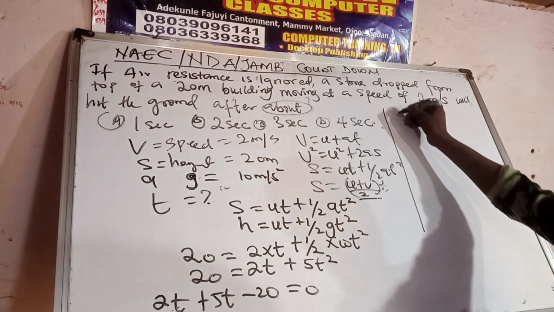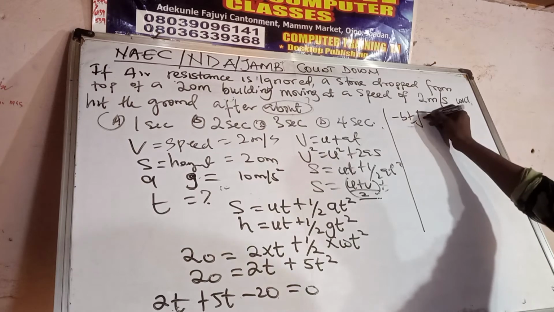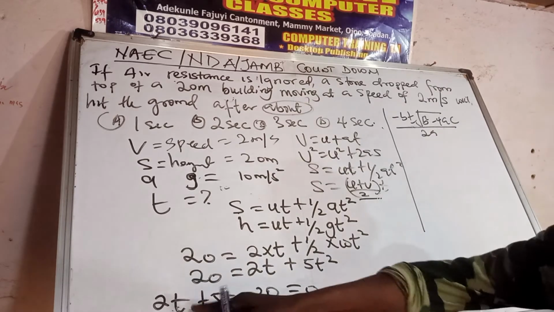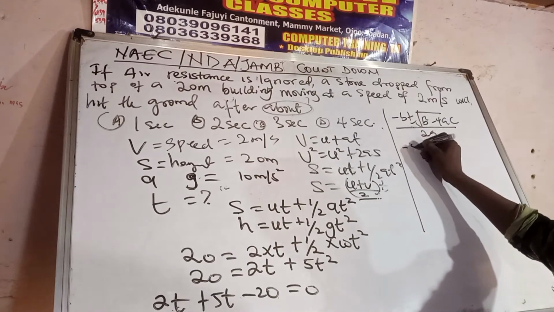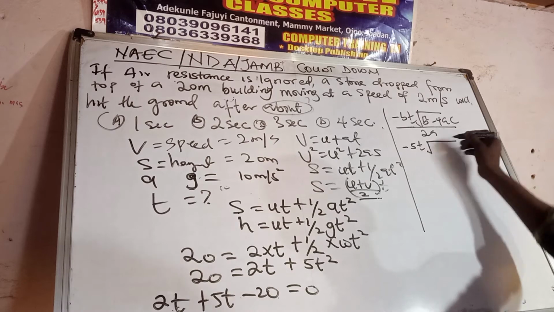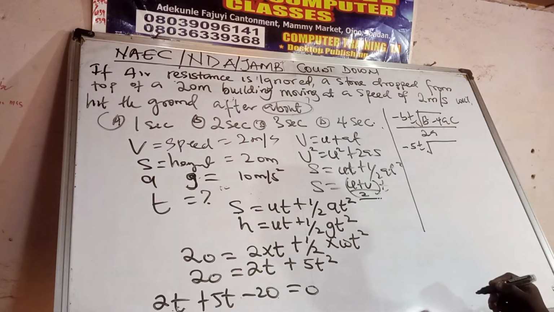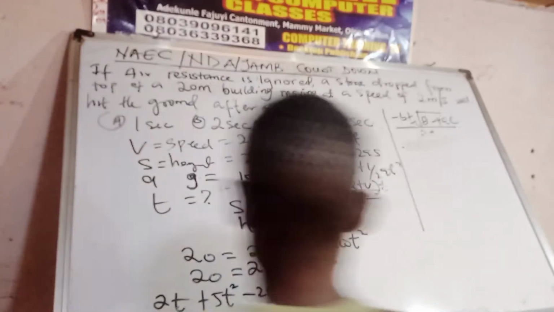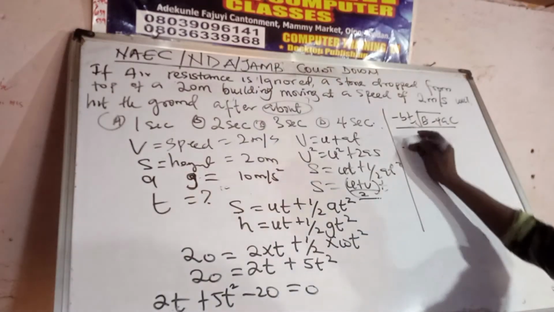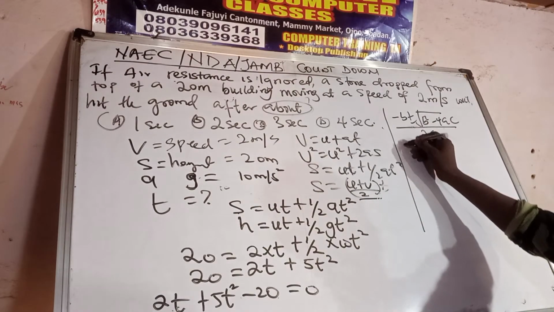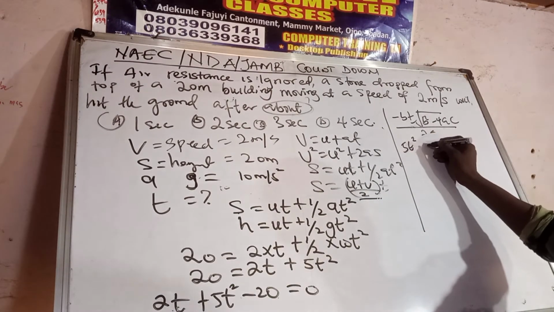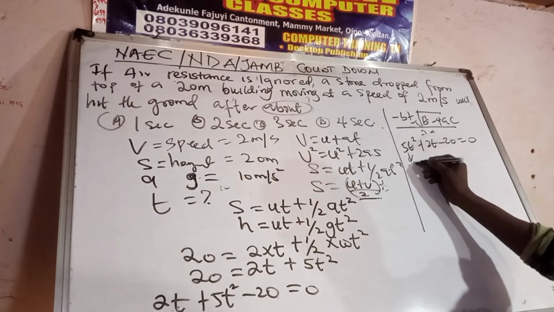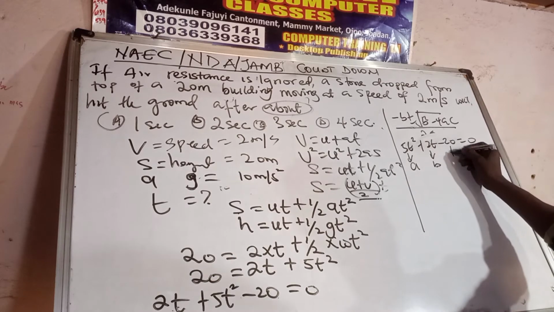From here, minus b plus or minus the square root of b squared minus 4ac, over 2a. This becomes 5t squared; if I arrange it, 5t squared plus 2t minus 20 equals 0. So this one becomes A, this becomes B, and this becomes C.